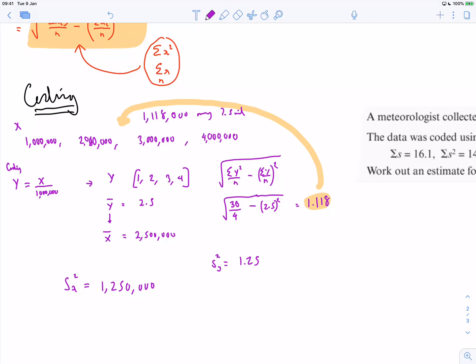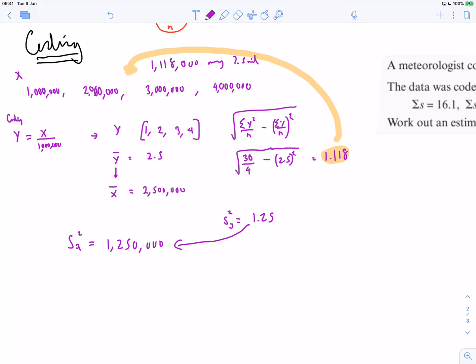Let's say I've got the variance of x is 1.25 million. Then look what happens if I was to square root that number. So if I was to have the square root of 1,250,000, this will give me 1118.